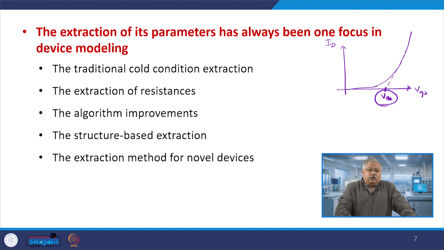If you remember, voltage by current, V by I, will give you resistance. So just take a two-port network, insert the value of voltages, see the currents through the network, and you can extract the value of resistances. There are other structural based extractions. I will not go into details of that, but extraction methods for all novel devices are also coming up in a big way when you do parameter extraction in device modeling.